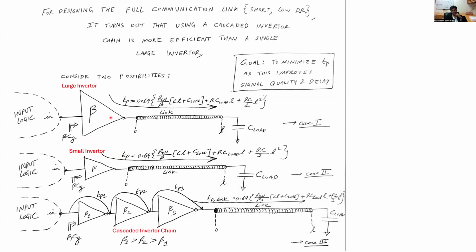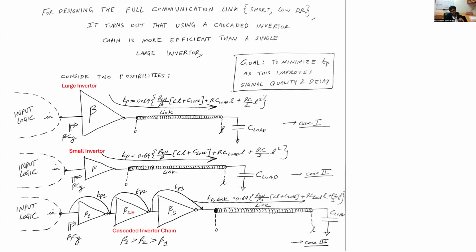So now we need to find the best of both worlds, because in order to optimize the overall propagation delay to the link, we need to minimize the link delay as well as not add more delay at the input logic. And therefore, it turns out that using a cascaded inverter chain, we get the best of both worlds, because now we can have a gradual change in the inverter size, so that we have a large inverter at the output side, which is going to speed up the link, but a small inverter at the input side, so you don't add more capacitive delay to the input logic.